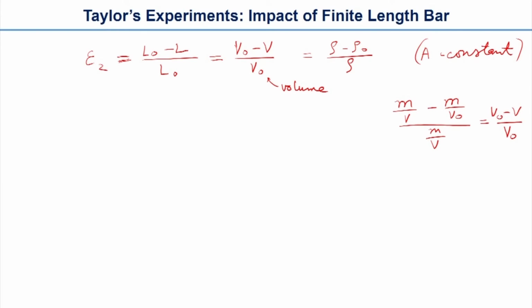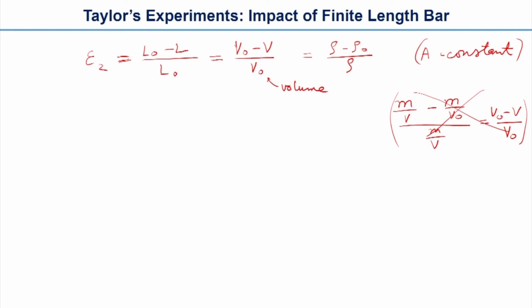So this is not needed, but just to tell you, V naught minus V leads to rho minus rho naught divided by rho.